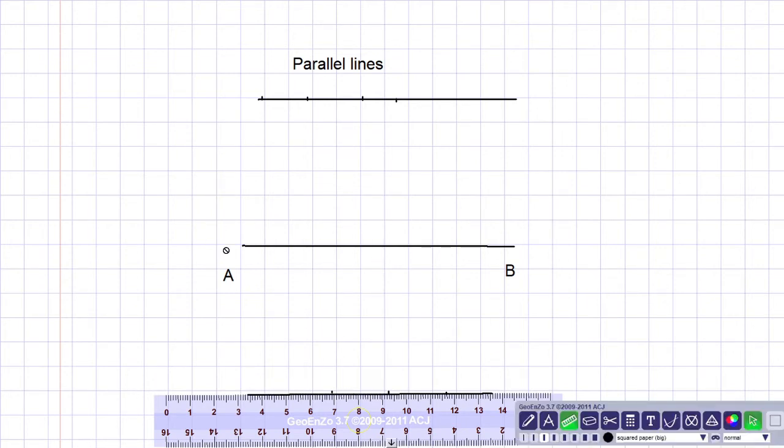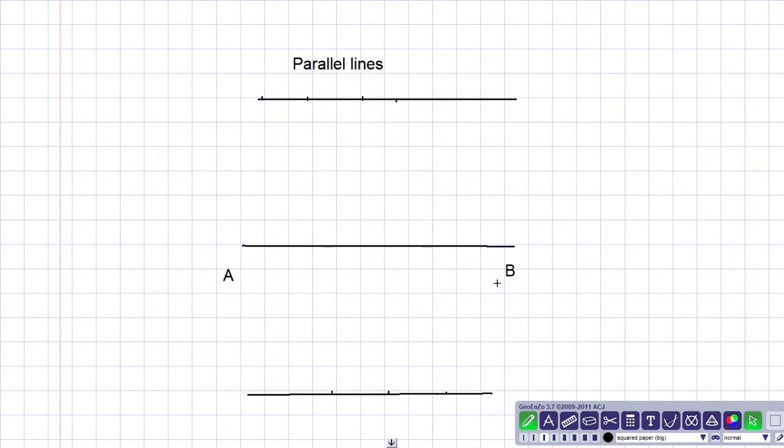So if there's a fixed straight line, here the fixed straight line is AB, then the locus of a point equidistant from that fixed straight line is two parallel lines on either side.